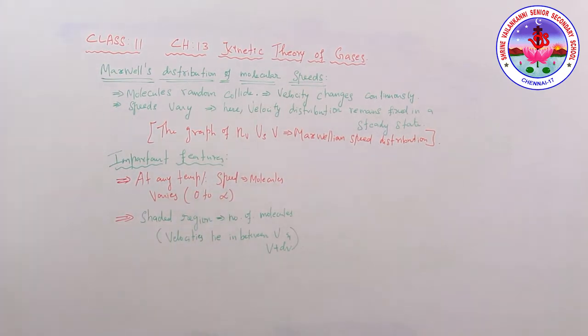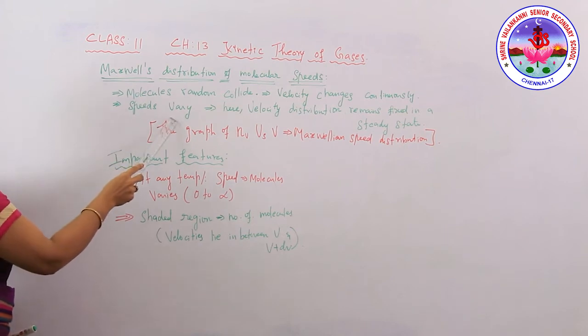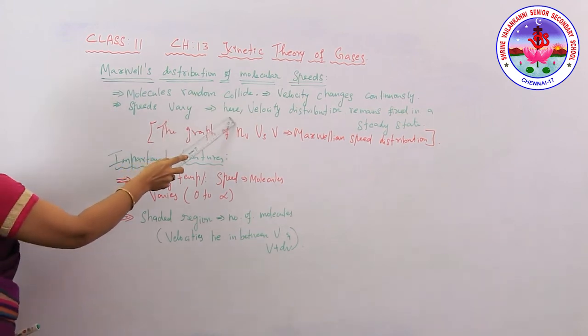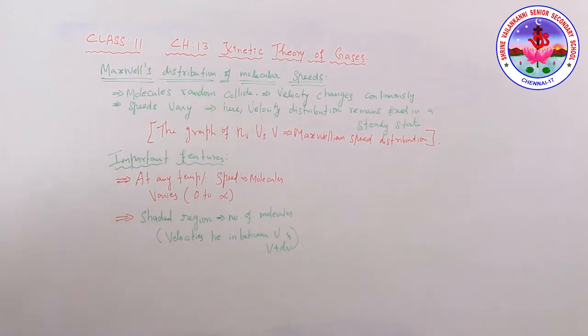Because of that, the speed varies at any instant, and the speeds of the molecules vary over a wide range. Here, the distribution of velocities remains fixed in any steady state.